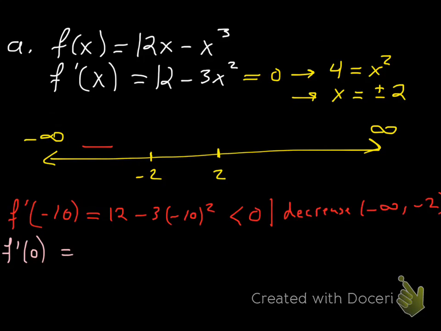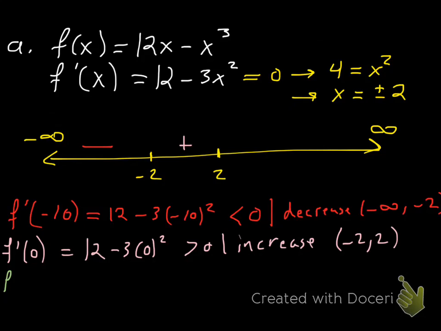If we test something between negative 2 and 2, like 0, we get something positive, which means we are increasing from negative 2 to 2, and so we'll have a relative minimum there because we went from decreasing to increasing.